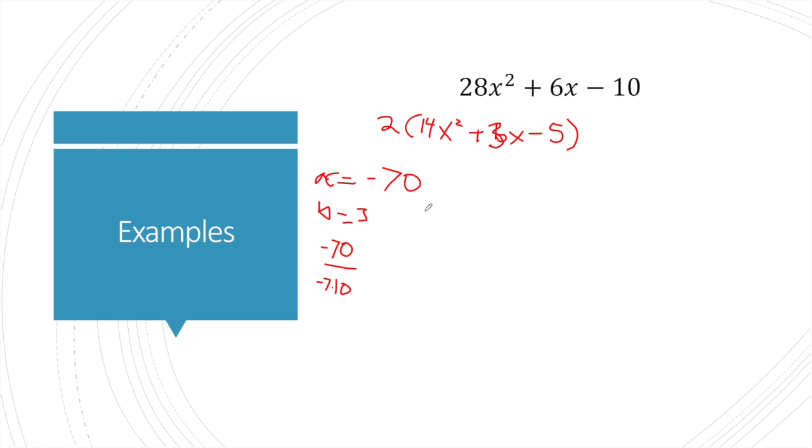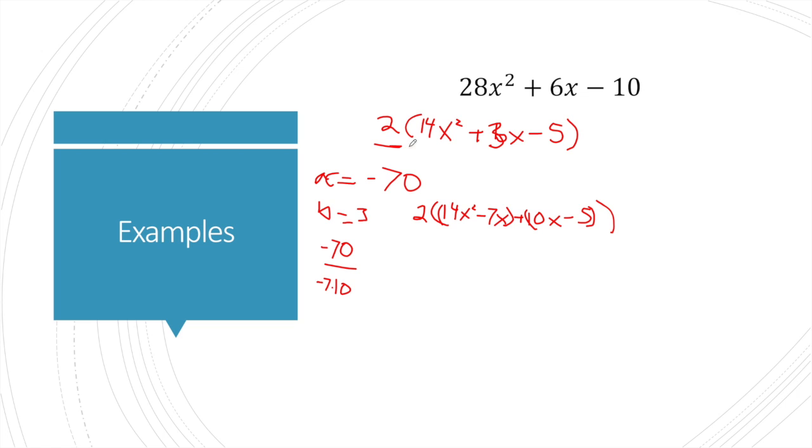So now I can factor by grouping, by rewriting this middle term as negative 7x plus 10x. So I have 14x squared minus 7x plus 10x minus 5. And now we factor by grouping, not forgetting this original 2 I pulled out as the greatest common factor.